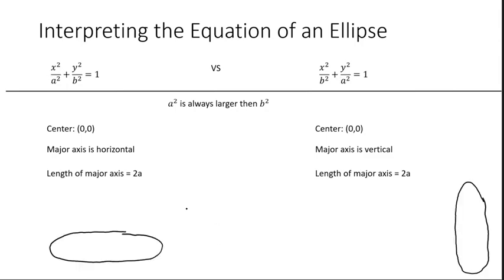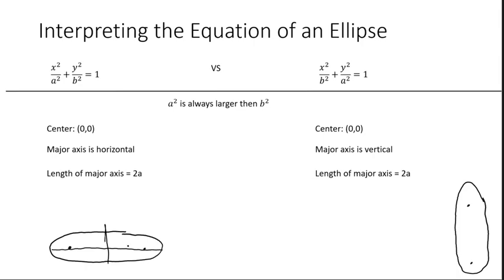Now the other thing we mentioned is the foci of both of these ellipses. So the foci would be 2 points like here and here, or here and here on the ellipse. Now to find that, we realize that the center is here at 0, 0. So from 0, 0, we need to go to the right and to the left to find the foci.